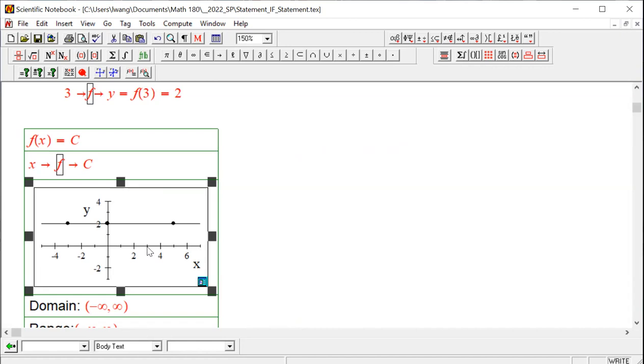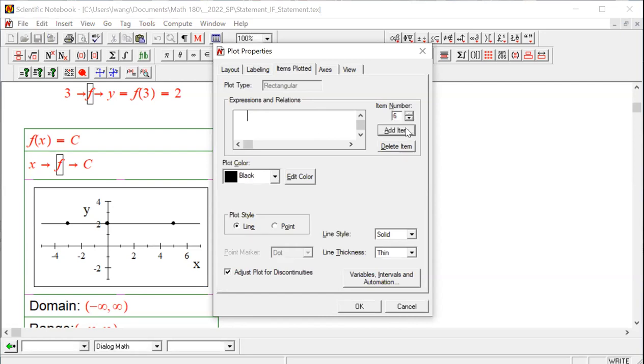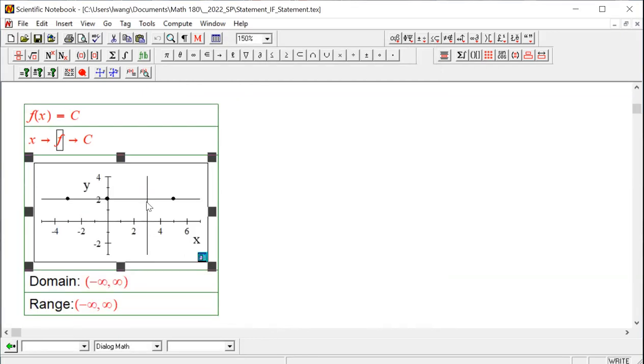Input is 3, so if we draw a vertical line when 3 is given, does that remind you of the vertical line test? For input 3, there should be exactly one output, and that one output is at the crossing with the curve of the function, which is this point.